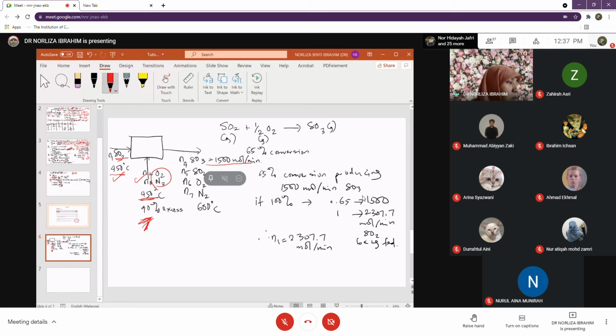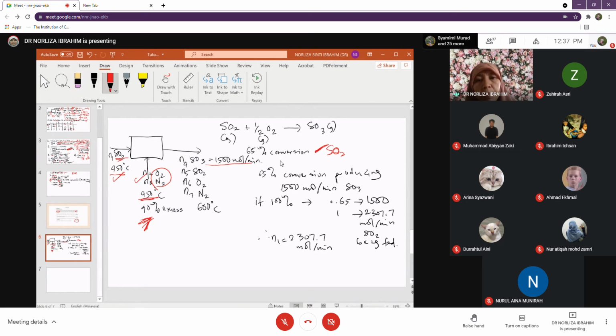The product of the SO3 here is 1,500 mole per minute. So you have to use the information given from the conversion. The 65% conversion is referring to SO2, not oxygen. If you recall from CPP1, conversion normally refers to the limiting reactant.